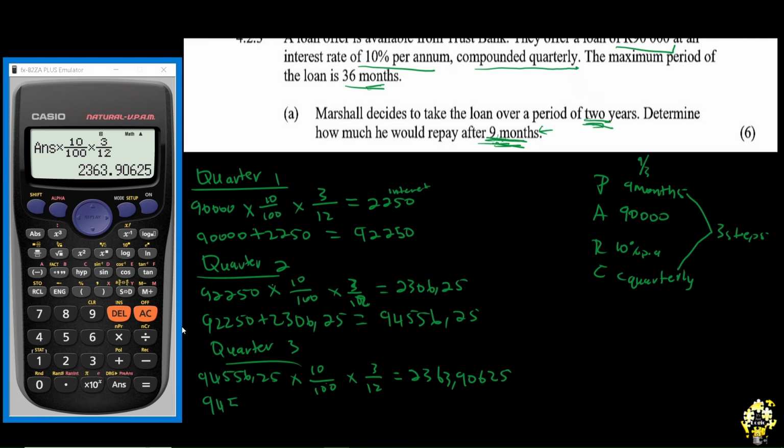We add it to the principal, plus 2,363.90625, which, since it's already here, let's just say 94,556.25. We actually get 96,920.15625, which can be rounded off to 2 decimal places.